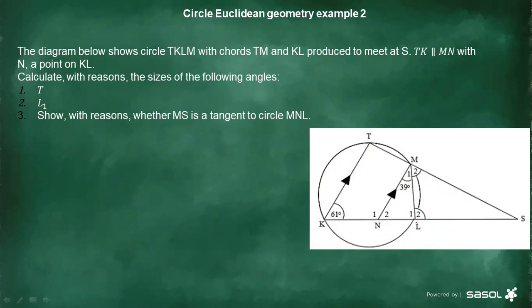Those are points on the circumference of that circle with a chord TM and KL produced to meet at S. TK is parallel to MN with N a point on KL. Calculate with reasons the size of the following angles: angle T, angle L1, and the last question, show with reasons whether MS is the tangent to a circle.